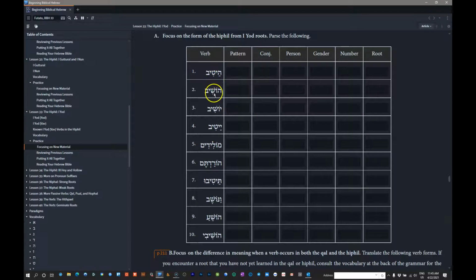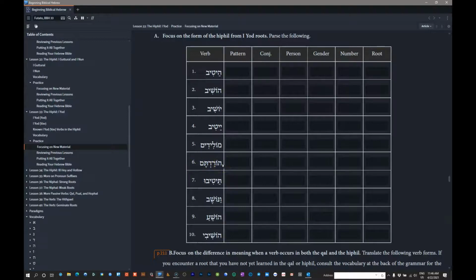So we can see this hirik yod infix all the way down to number 6. Number 6 doesn't have it, but it does have a hey prefix, and that hey prefix indicates Hiphil. Other than that, this just looks like a perfect, okay?